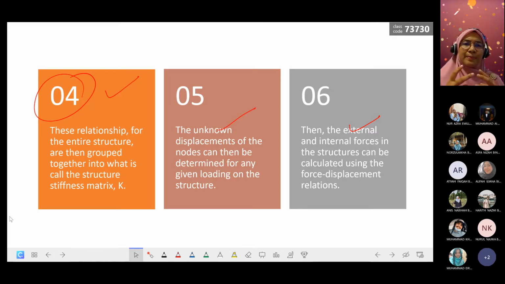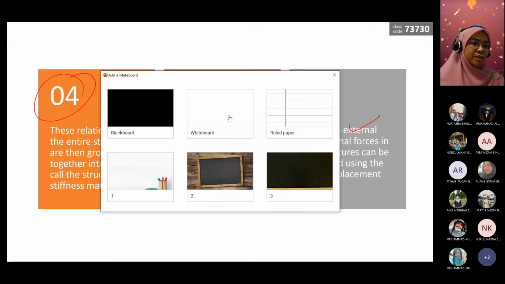Beam pun kita akan apply the same. Frame pun kita akan apply the same. So kalau truss you dah clear, lepas tu nanti beam, saya tak payah ulang dah buat K untuk beam. Kita boleh sama-sama buat dan check je nanti apa dia K untuk beam. Sebab K untuk beam yang berubah is only degree of freedom.